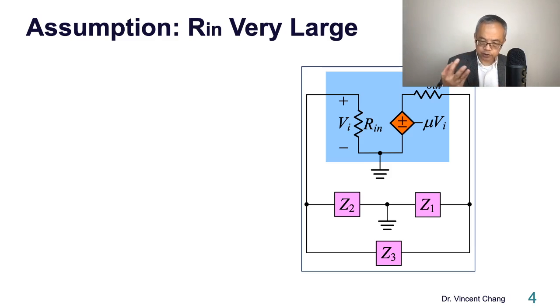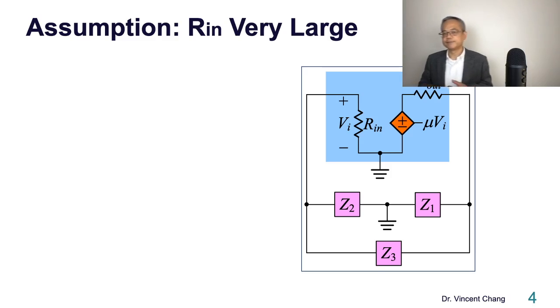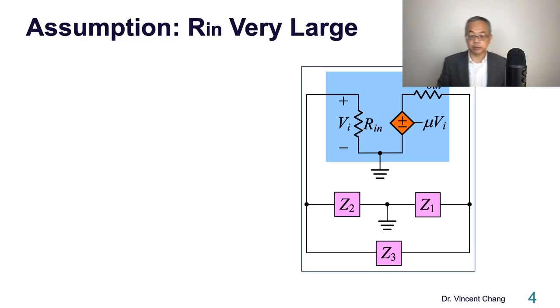Because in the next lecture, you will see the real circuit, which is the CMOS. So in the MOS category, this assumption is reasonable. It's reasonable because one of the major characteristics of the MOS amplifier is that the input resistance is very, very large. Ideally, the resistance between gate and source, looking into the gate, is infinite.